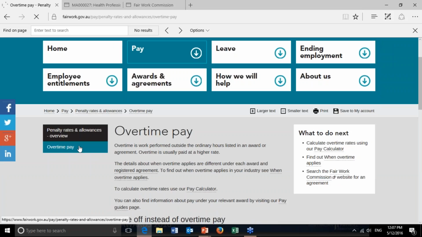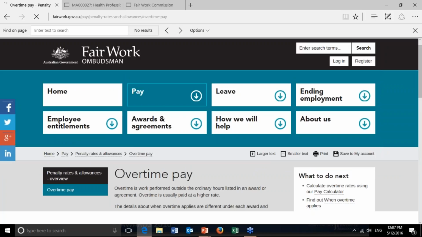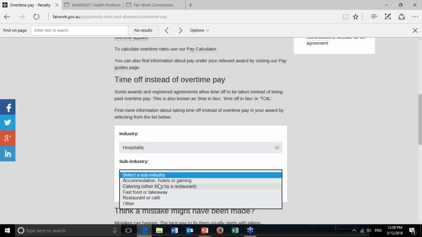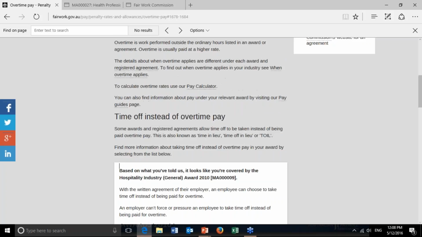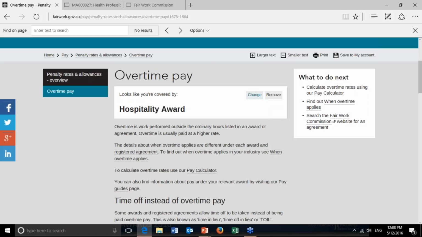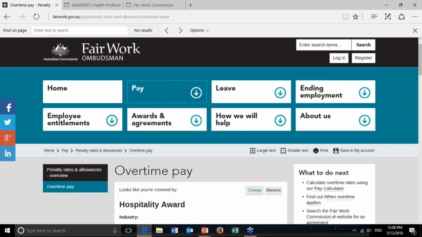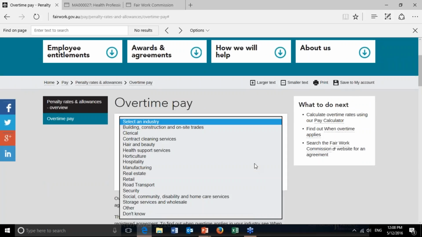So we're in hospitality. Let's see if it's a club. It's neither one of those, is it? No, we want the Registered Clubs Award. I don't think we're going to be able to find it in there. I'll have to look at that award myself and get back to you, sorry, because it's not here.